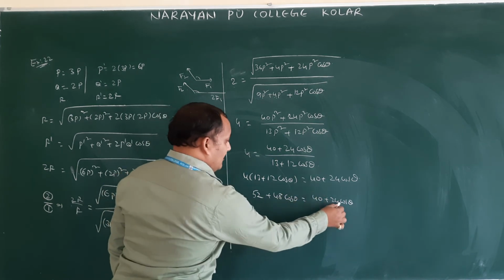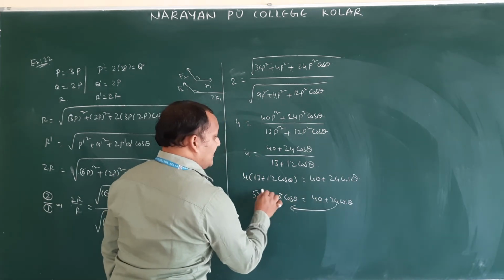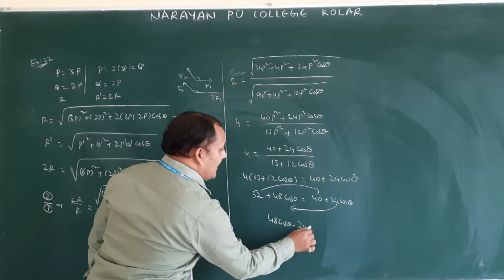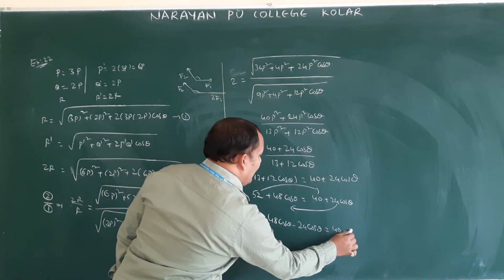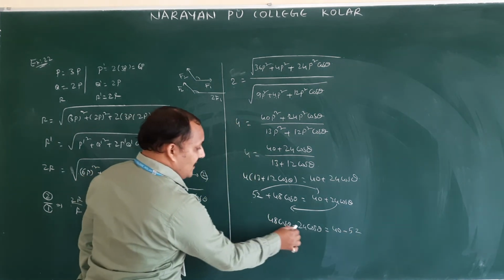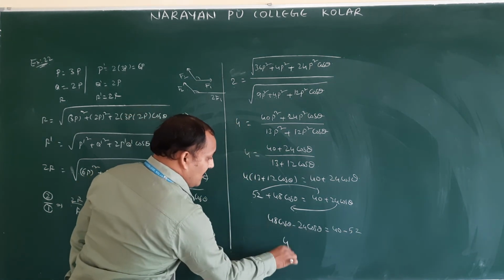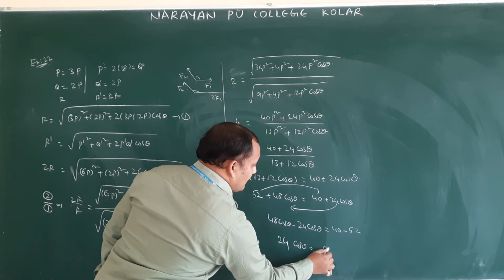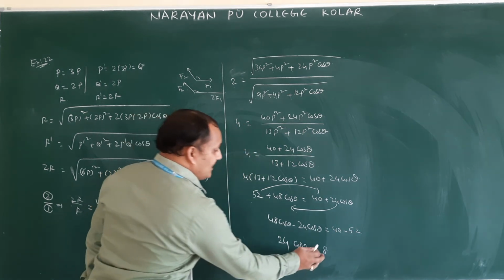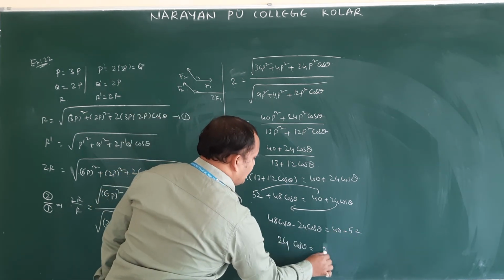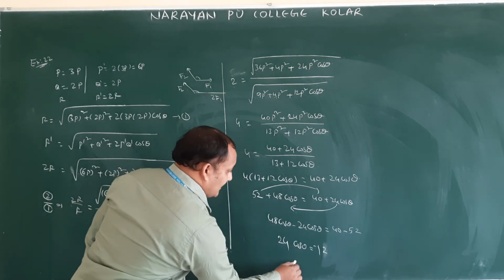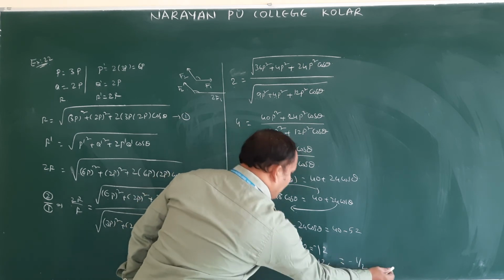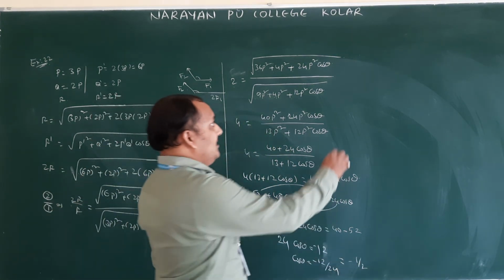So bring this side and this side. 48 cos theta minus 24 cos theta, 24 cos theta is equal to 52 minus 40, that means 12 minus. So cos theta is equal to minus 12 by 24, minus 1 by 2. Again you got theta value 120.